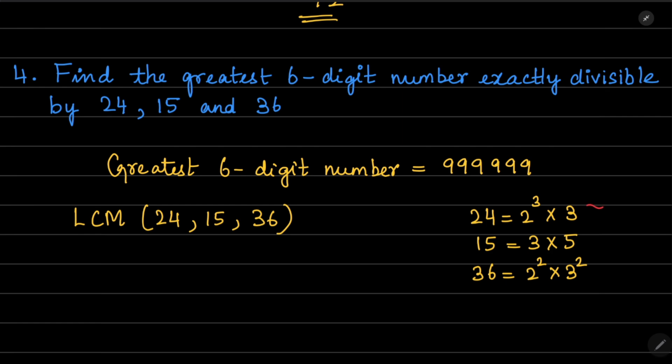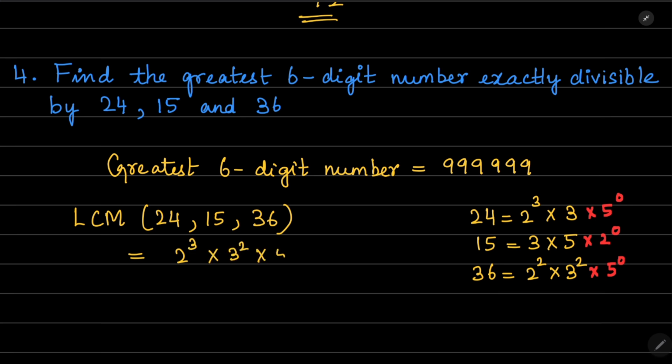Now let me make these factors common. So here it will be 2 to the power 0, here it will be 5 to the power 0. Whenever you are taking the LCM, you have to take the highest power of all the prime factors. So for 2, the highest power is 2 to the power 3. For 3, the highest power is 3 square.